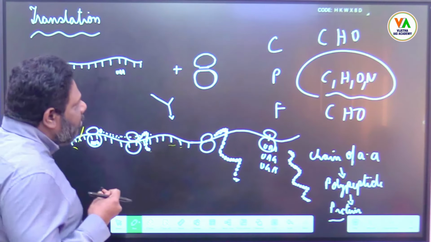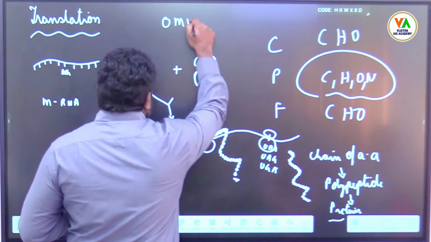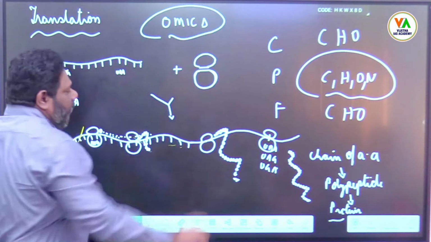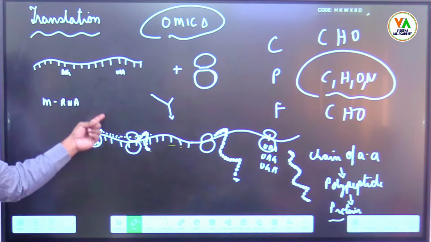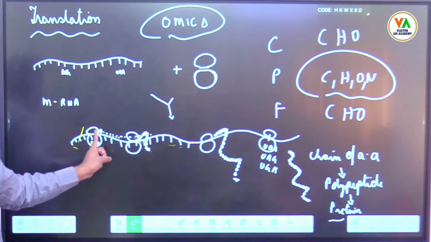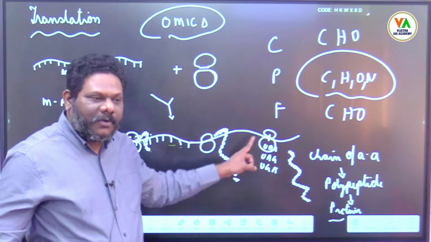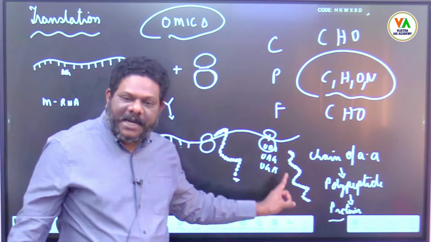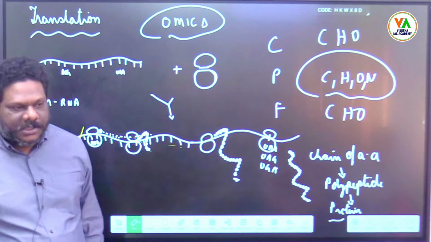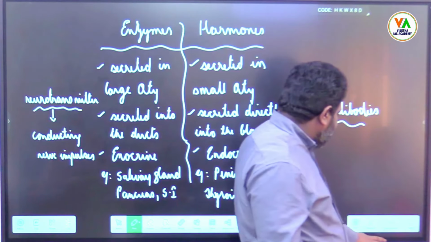These genomics, proteomics, transcriptomics, all these are known as omics. But anyway, we will see that later. Somehow you understood this one. You understood that ribosomes are moving on mRNA, and while moving they are forming a chain of amino acids by translating the codons. That's it. If you understand, it's okay. Any questions you can ask, anything.